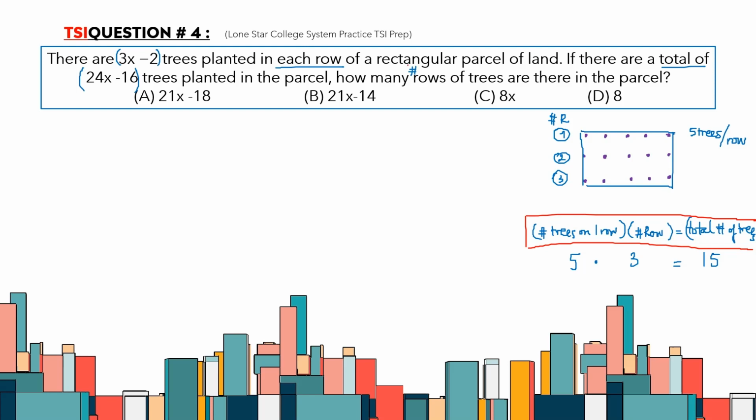So let's call the number of rows the big R. Okay, I can draw it. So here is row number 1, 2, up to R rows. In each row we have 3x minus 2. The total is 24x minus 16.